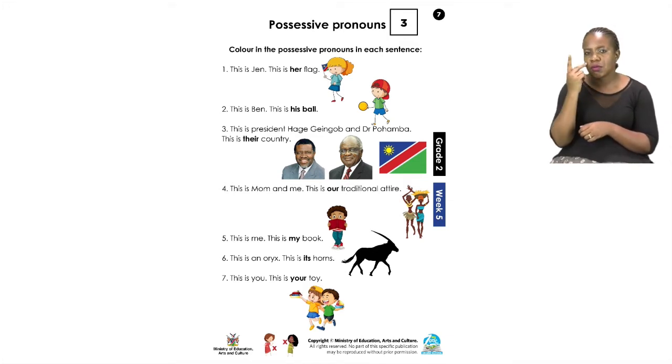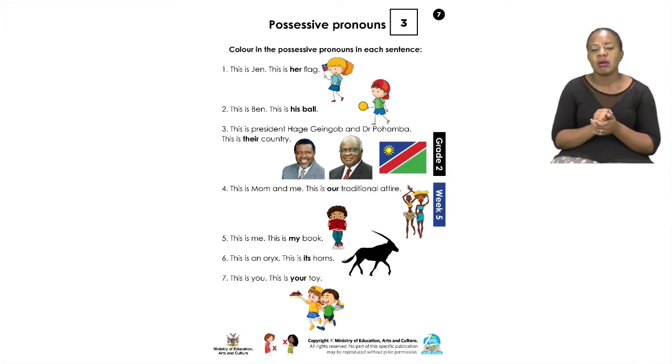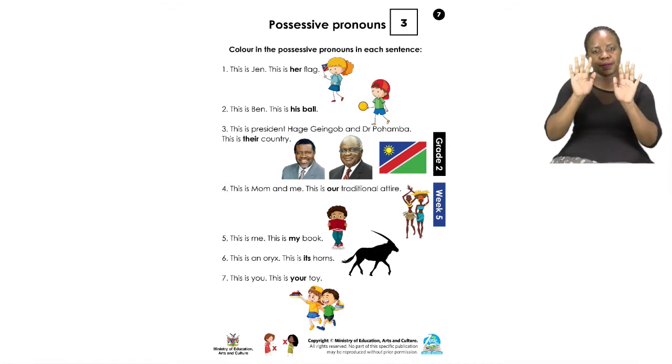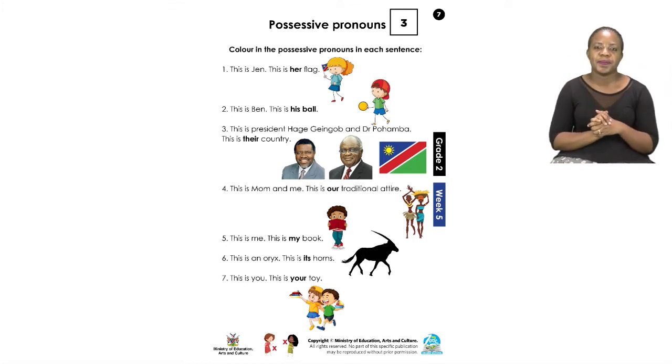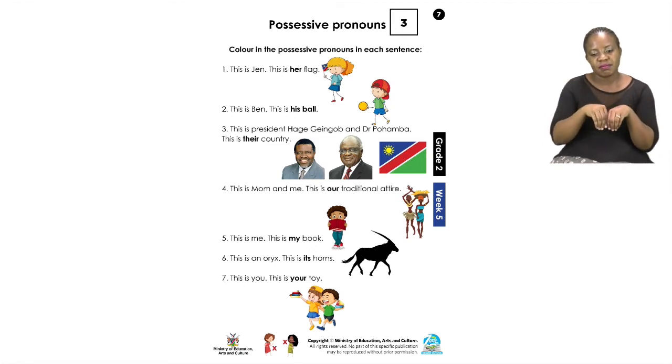In this case, our possessive pronoun is the word your. So you are going to circle the possessive pronoun and then you're going to color it in. The rest on this page you will do by yourselves. Remember to first read the sentences so that you understand, and then you can circle and color.